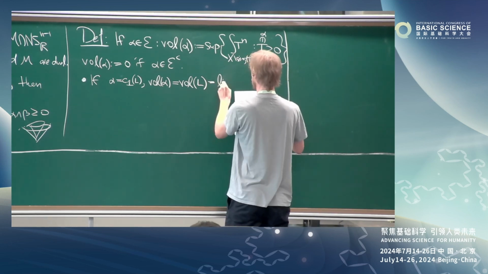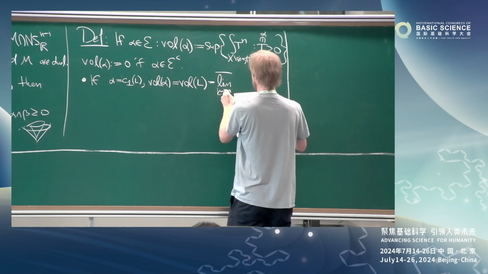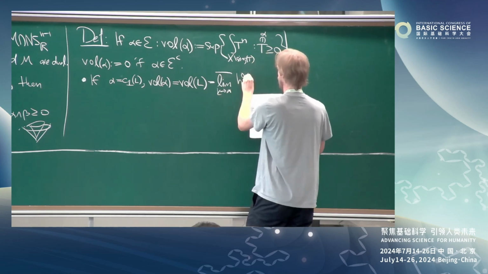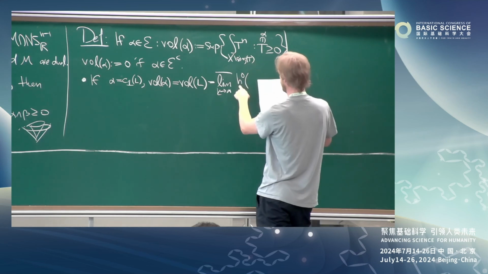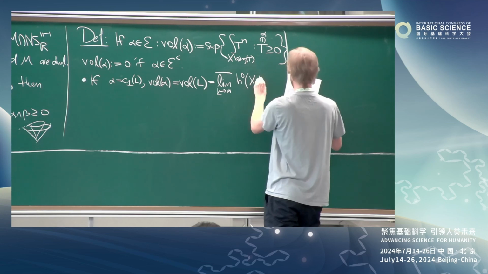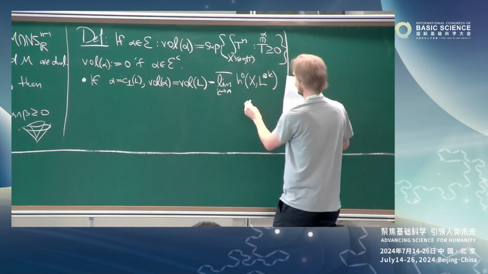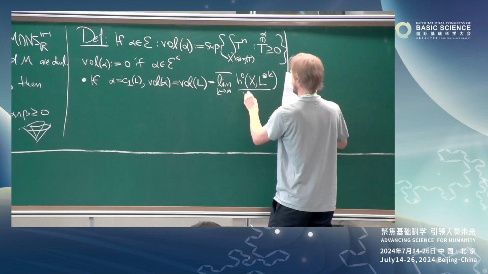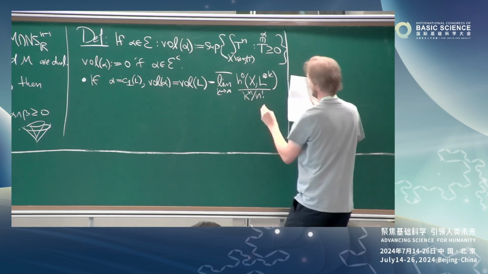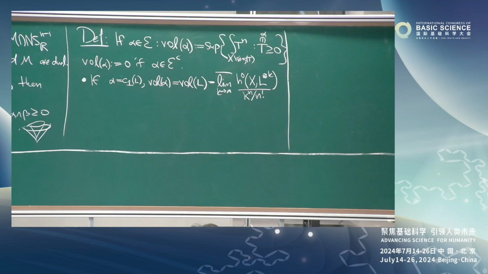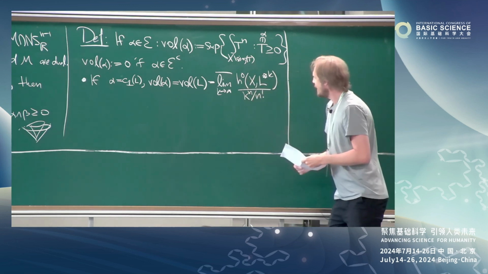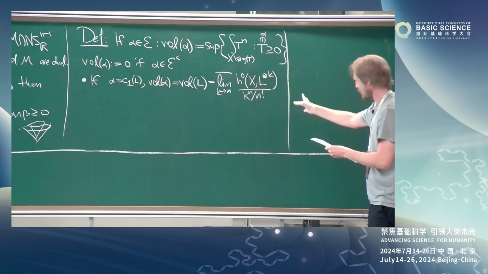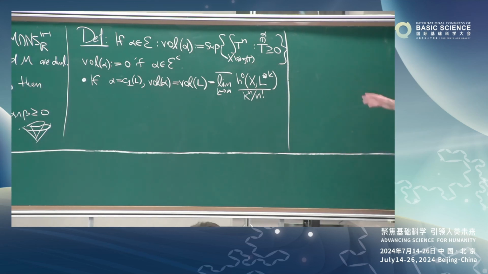You take the limsup as k tends to infinity of the dimension of the space of sections of L to the power k, divided by k to the n over n factorial. This was done earlier in this algebraic setting.